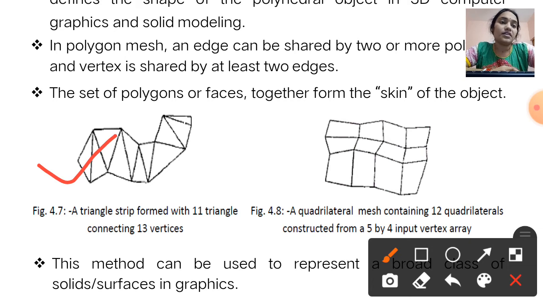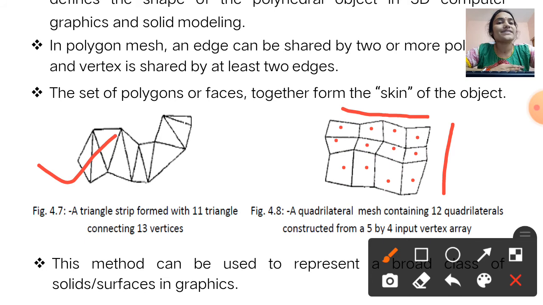That means on this side 4 vertices and on the horizontal side 5 vertices. So the 5 cross 4 array of vertices is there, and here 12 quadrilaterals.